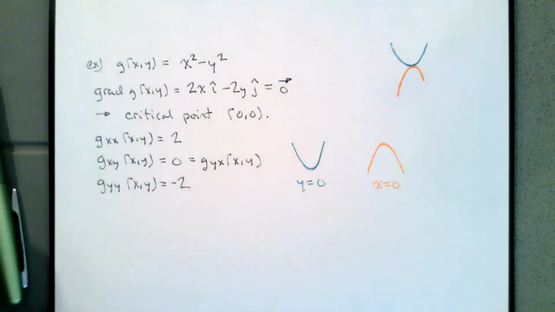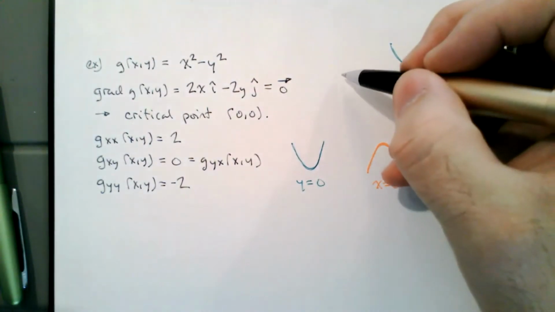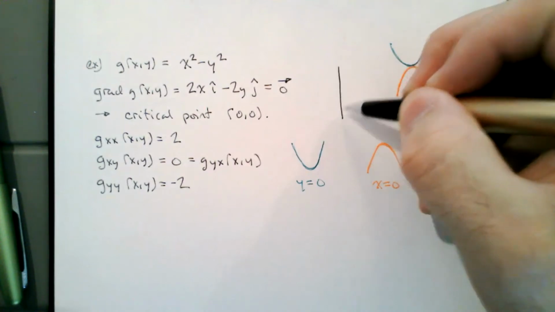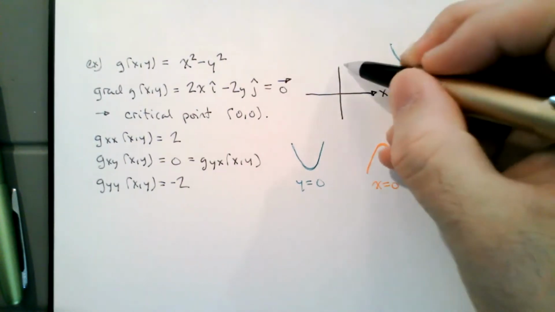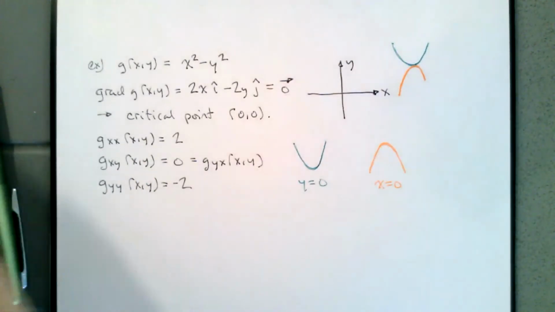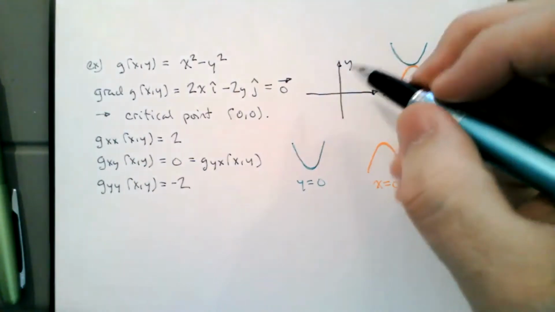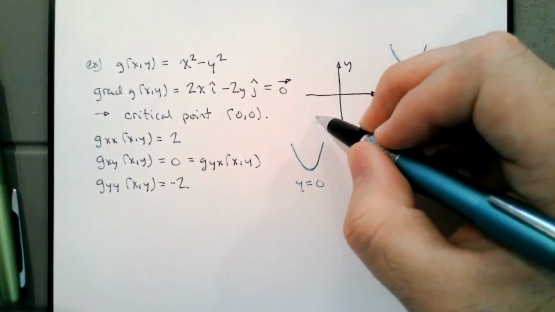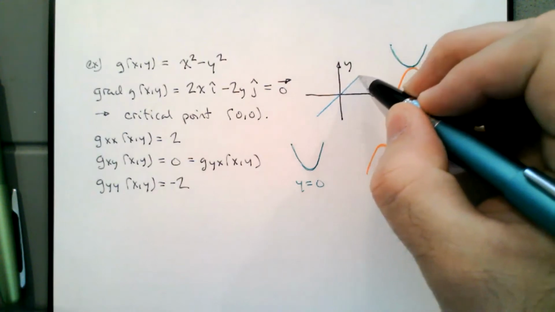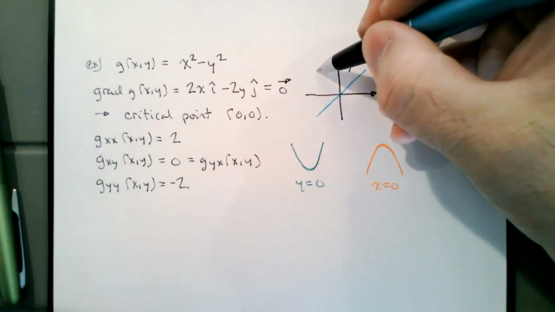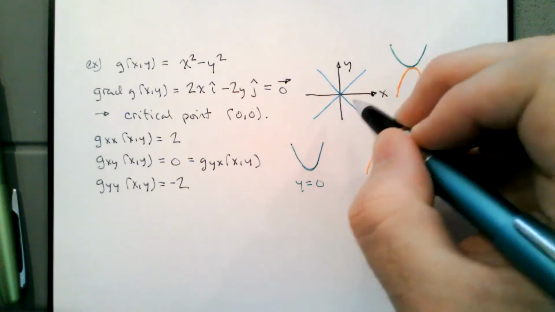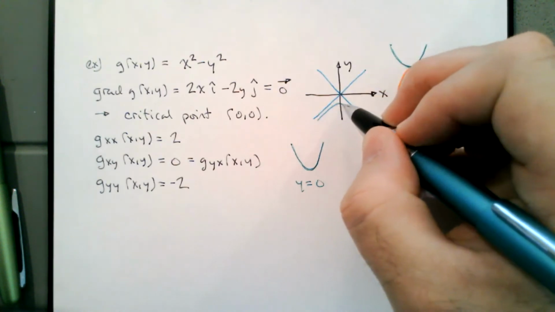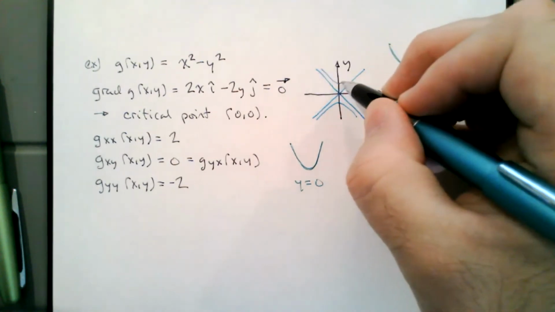What we saw in the contours were hyperbolas, and these two lines crossing at the origin, at the critical point, and then hyperbolas everywhere else.